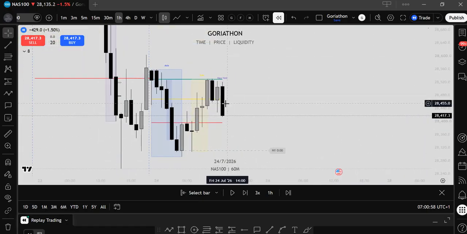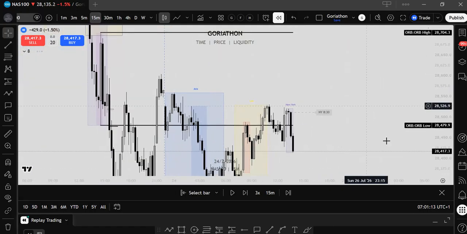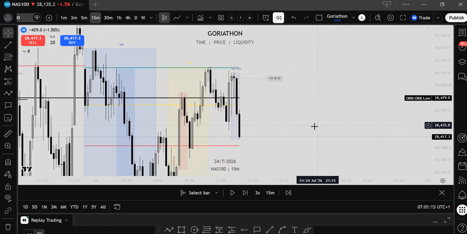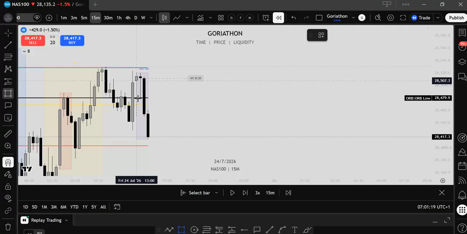Cool. All right, so what do you think is happening in New York now? Right. Any H1 fair value gaps? Nothing, none that we could see. Go to M15. Right, we have a mark over here.